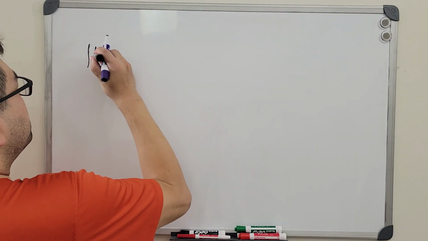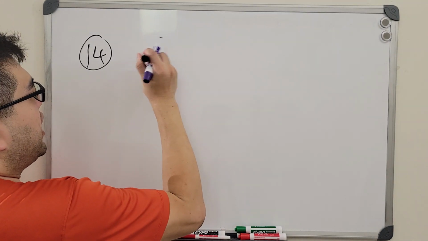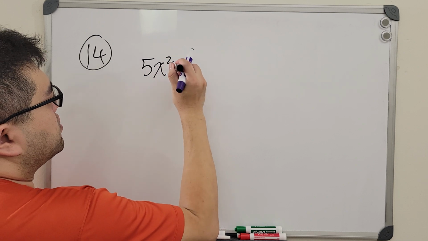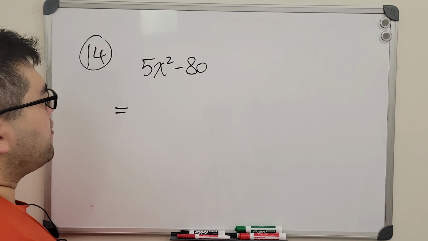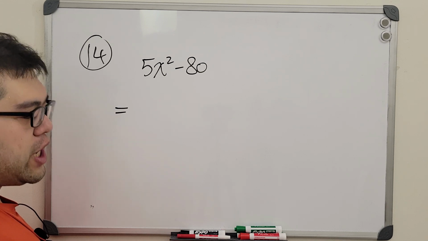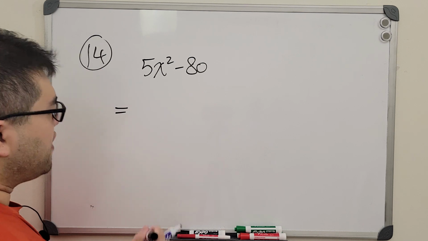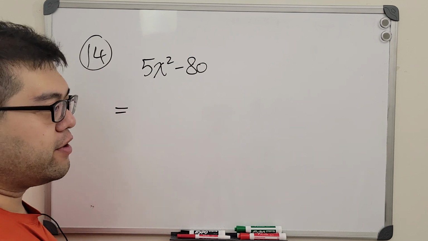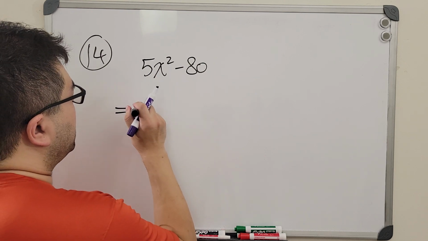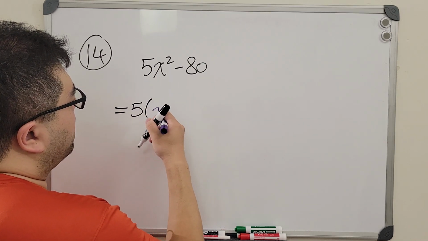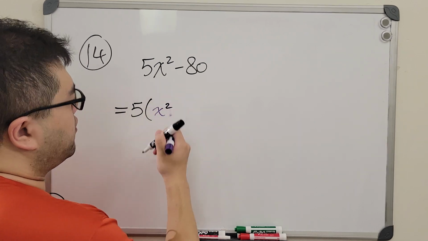Okay, number 14. So for problem 14, we have 5x squared minus 80. So again, the first step, we can try to factor out as the leading coefficients 5 here, so that we can turn our first term into simply a squared, a perfect square. Then as we factor out, of course, we end up with x squared for the first term.